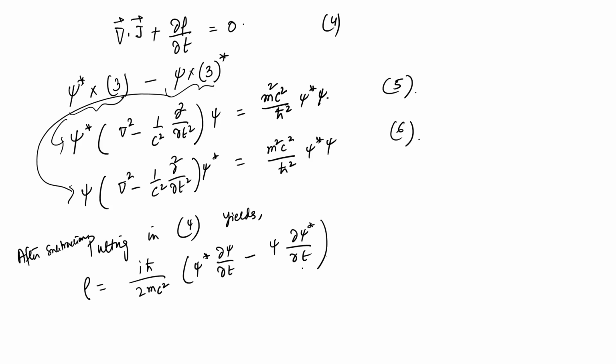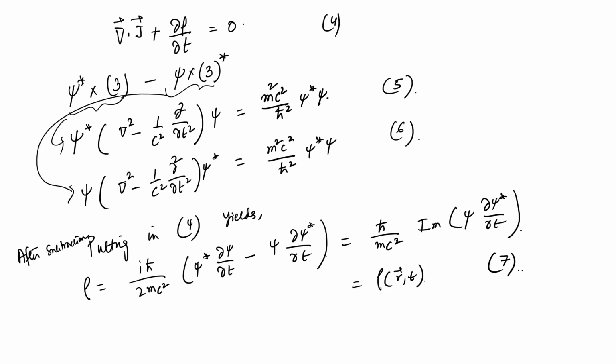So, this can be written as h cross by m c squared and the imaginary part of psi star del psi del t. That is the rho, which is a function of r and t, and let us call this equation 7.